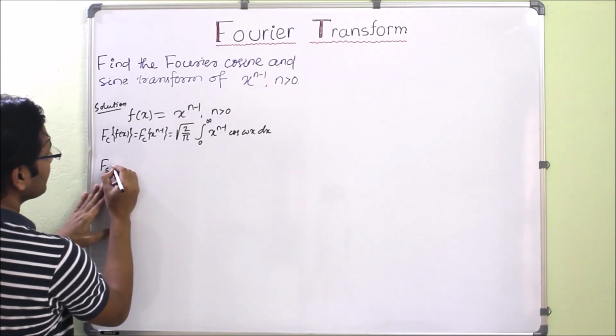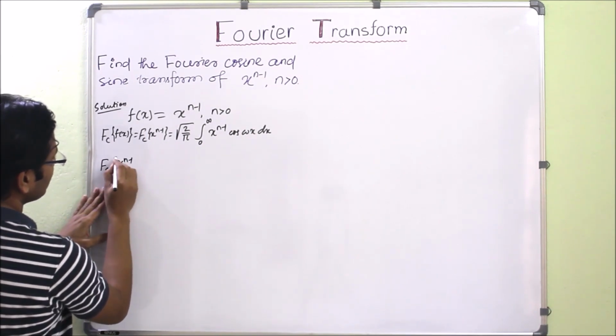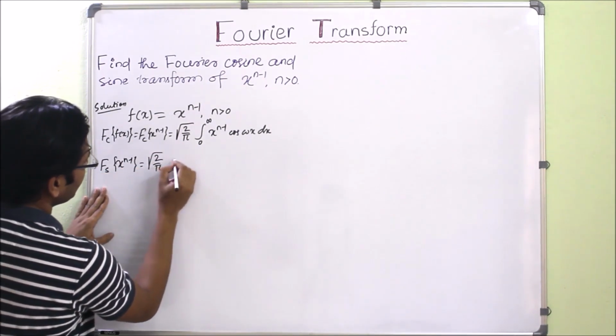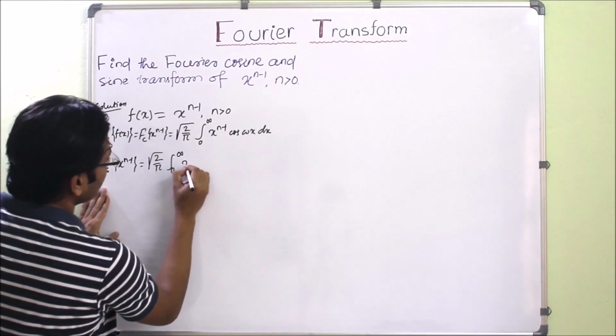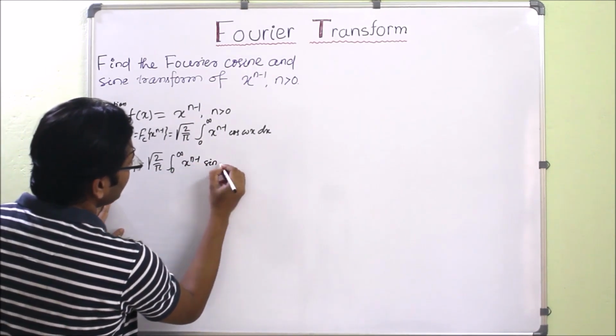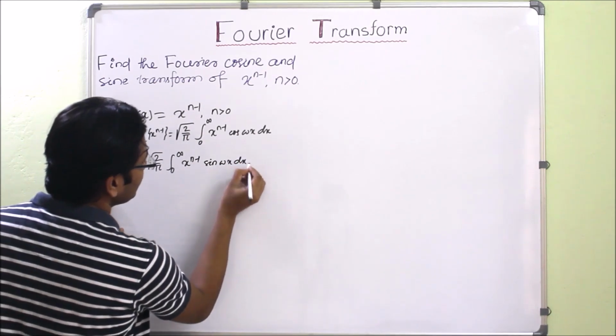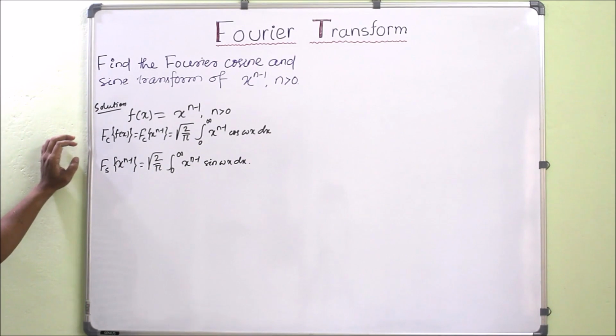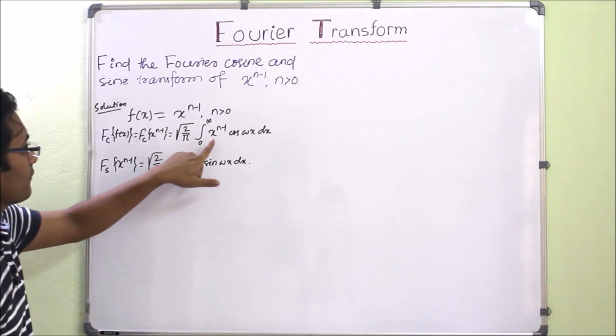For the Fourier sine transform of x to the power n minus 1, it is square root of 2 by pi, integration from 0 to infinity, x to the power n minus 1 sine wx dx. So we have to find these two integrals, but there is some problem. What problem?